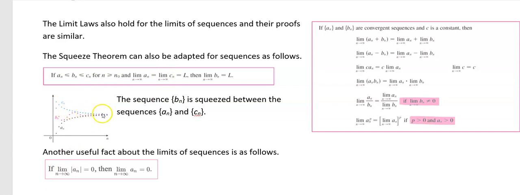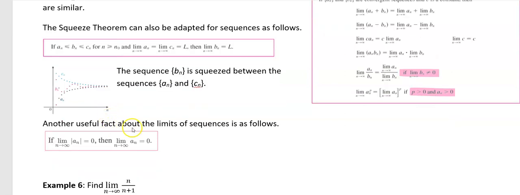And so this picture here is kind of showing that to us. Here we have a bottom sequence, that's our A, that's our bottom loaf of bread, right? Here we have our top sequence, sequence C, that's our top loaf of bread, and B is sandwiched between them. Notice that A and C are both converging to the same limit value. That means B also would have to converge to the same limit value.